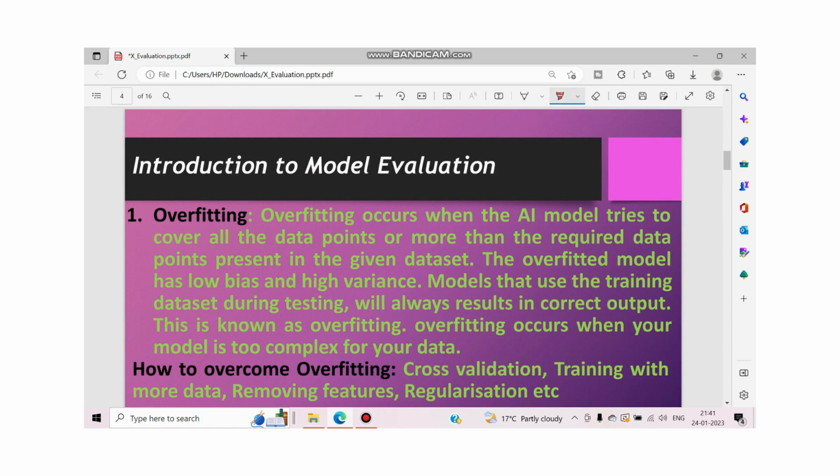In order to understand this concept, suppose in your examination, whether it is unit test, half yearly, pre-boards or boards, the teacher gives you the same questions which he or she has given in the practice sets. Then most of the students will score 100 out of 100. Most of the students will give the correct answers to those questions because the questions are already known to them, right?